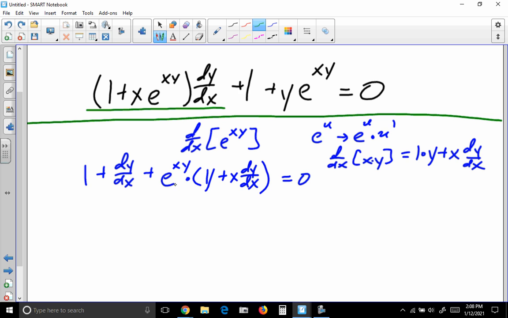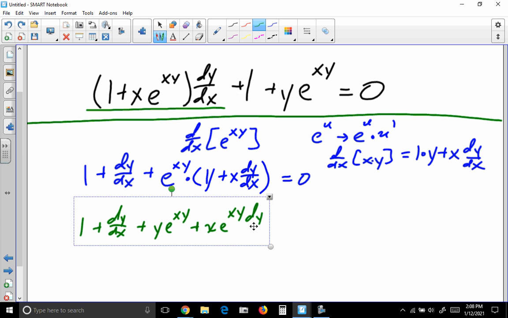So let's get rid of the parentheses here and see if we can collect the dy dx's. So we have a 1, we have dy dx. When we distribute here, we can call that y e to the xy. When we distribute here, we can call that x e to the xy dy dx. And then here we have 0.